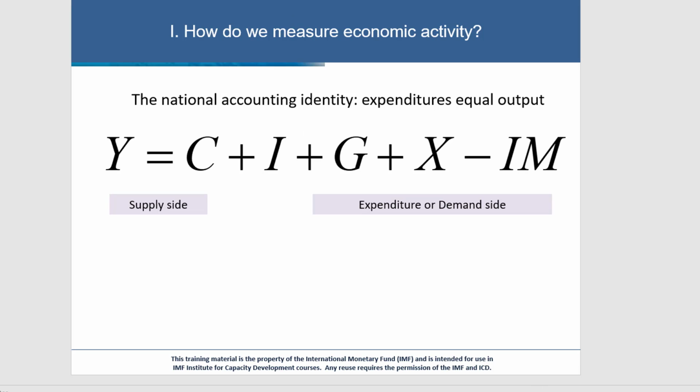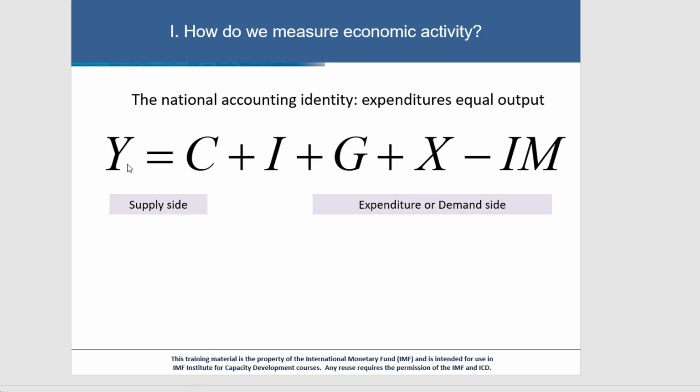And what we're going to do is briefly review the national income accounting identity that you're probably familiar with. Then we're going to be looking a little bit more closely at some of the behavioral elements. And then finally, we're going to be looking at how we actually implement these behavioral elements in the spreadsheet for your country.